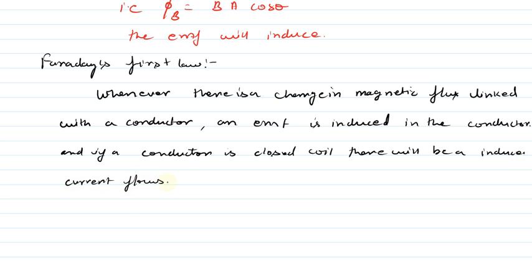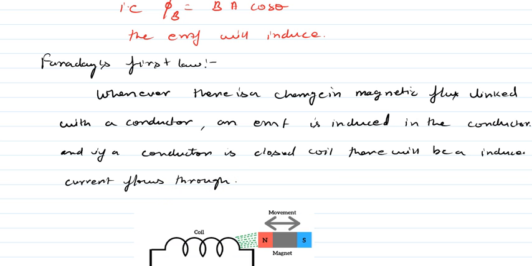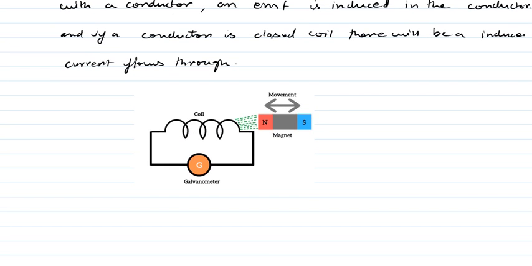To understand this, there is a perfect example: a bar magnet is moving through a coil, and the coil is connected to a galvanometer.